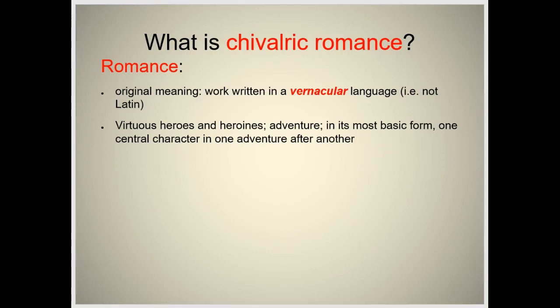They're often episodic in nature, where a virtuous character, or a character who's in some way admirable, will deal with one struggle or one episode or one issue after another until finally there's a resolution. It's said that heroes and heroines express in some way or encapsulate the values of their society.